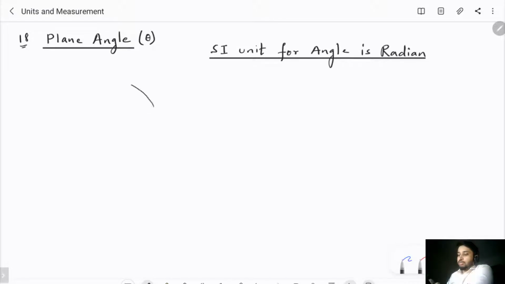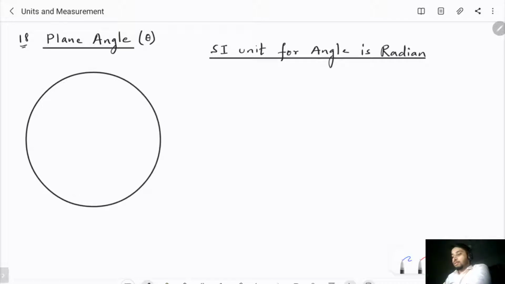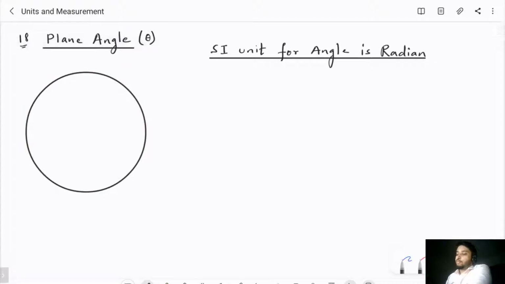So actually plane angle has a formula. So if you take a circle, if there is any arc which is making some angle theta at the center, and let r be the radius of this circle, then this arc length, so we have a formula for this arc length.